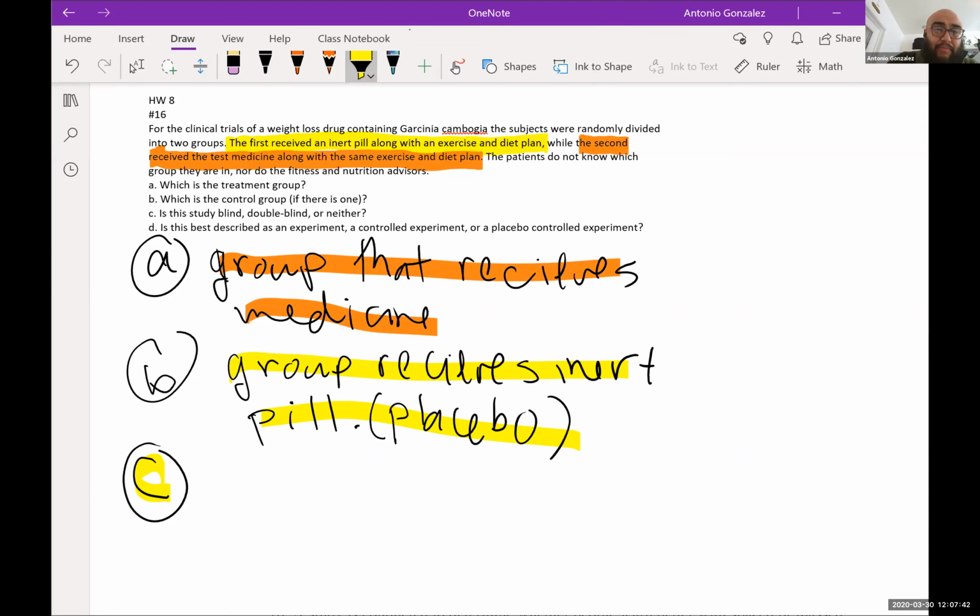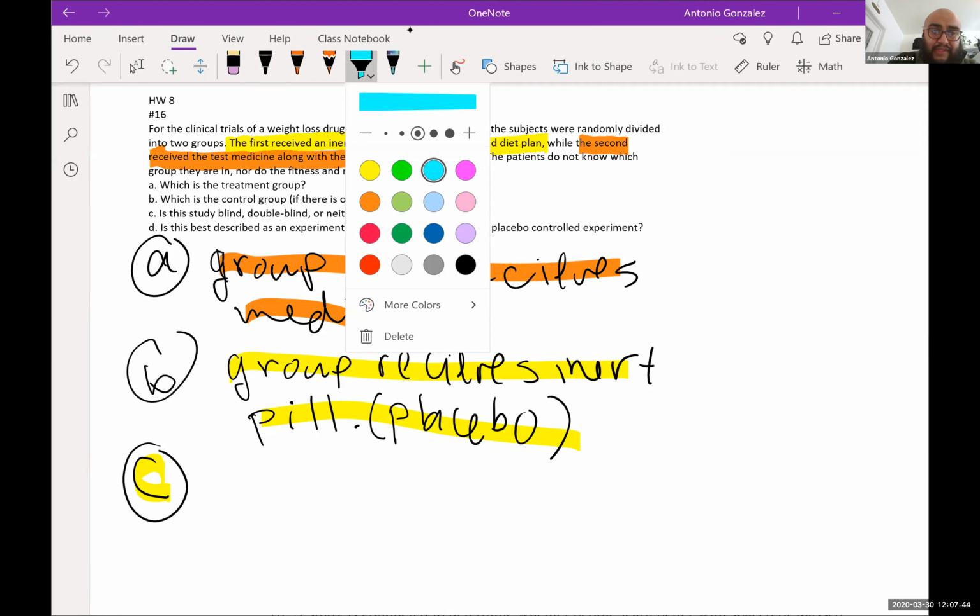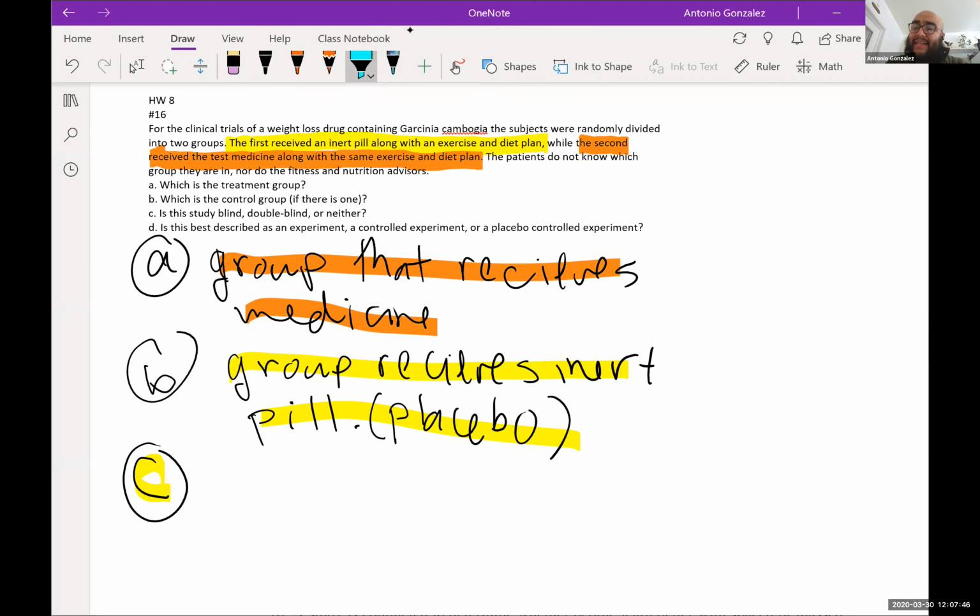Now, if we look at the way the problem is posed to us, we can find that in the last part of the question, right? Okay. So here let me read that aloud again. The patients do not know which group they are in, nor do the fitness and nutrition advisors. So it's definitely blind, but is it blind or double blind based off that last question?